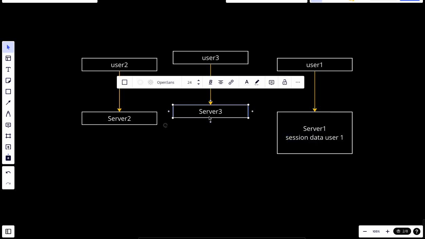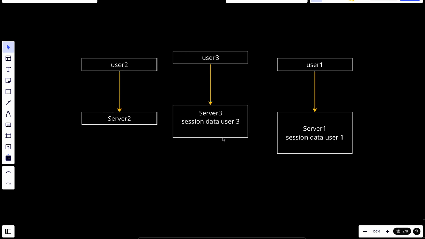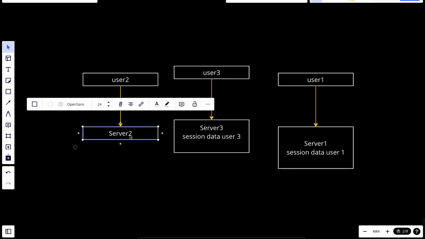It stores the session data for user 3, and the same here also, it stores the session data for user 2, and maybe they have a profile image, stuff like that about the user.